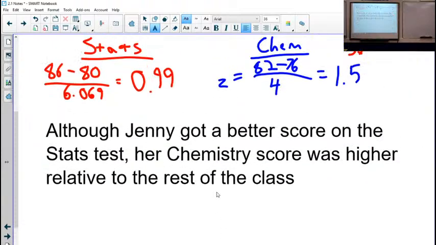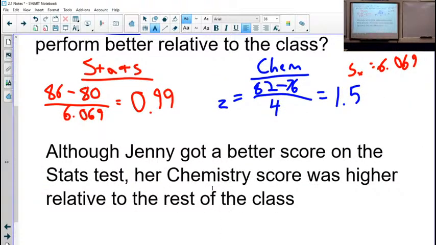So it helps us say, well, it depends on what we mean by which one did she do better on. Which one did she get the higher score or the higher grade on? Well, it was stats. But which one did she score better on in comparison to the rest of the class and in comparison to how difficult the tests seem to be? Then it would be chemistry.